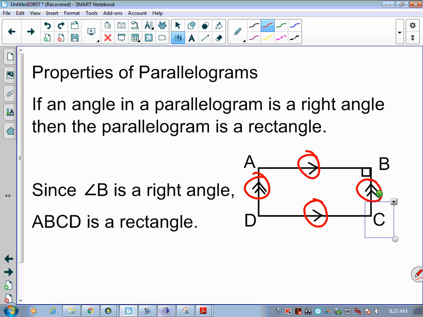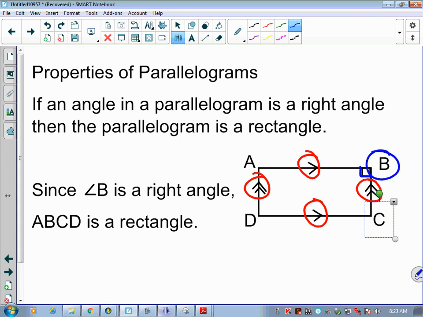And so then we're just going to be looking at one specific thing that's going to make it a rectangle or a rhombus. In this case, if I have just one angle in this parallelogram that is a right angle, what that's going to force is all four angles to be right angles, therefore making it a rectangle. But I only need one for that to happen.